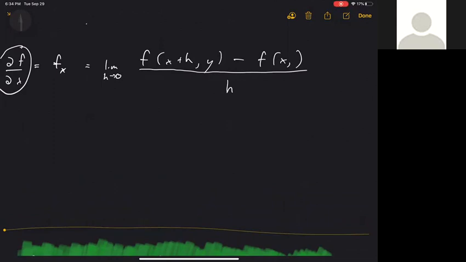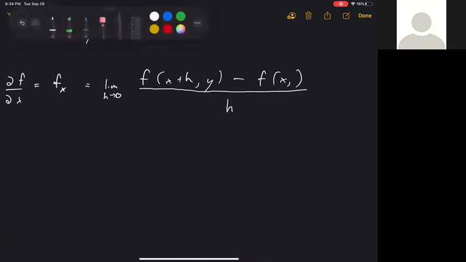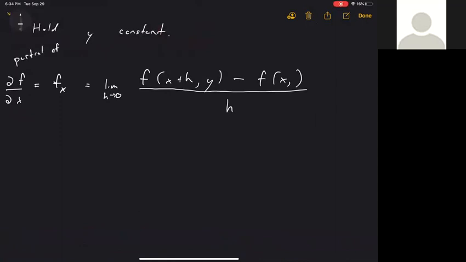I think it's a dough. It's a symbol. It's not really a Greek symbol, I guess. But this is dou f over dou x. The terminology is not important. It's also common to say partial of f, just partial of f with respect to x. Okay, that's how you would say this.